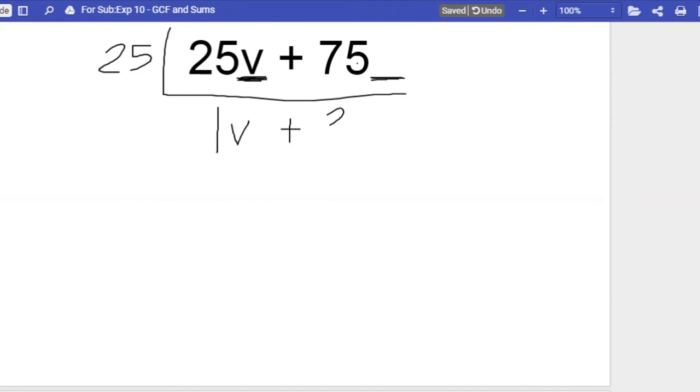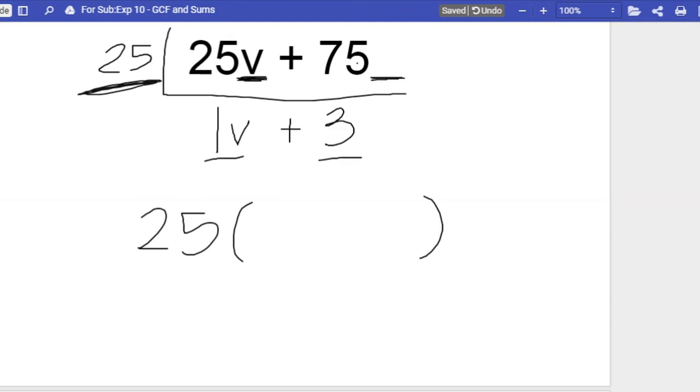So there are no variables in common, so I can't pull any variables out front. Now I go to the numbers. I know money, 25 and 75. I actually know that 25 can go right there. So 25 divided by 25 is 1, but I haven't used this v, so it stays with it.